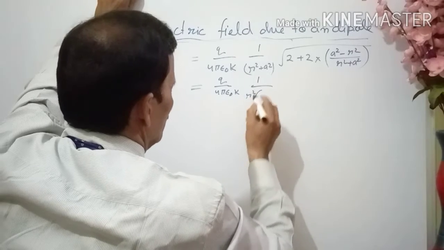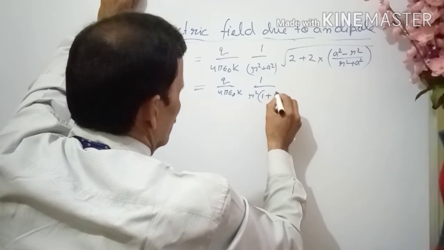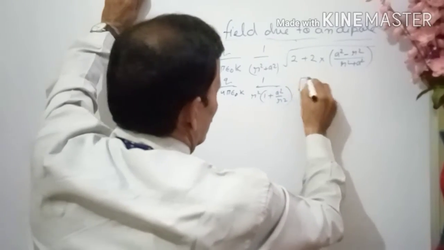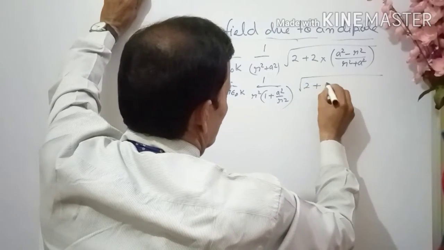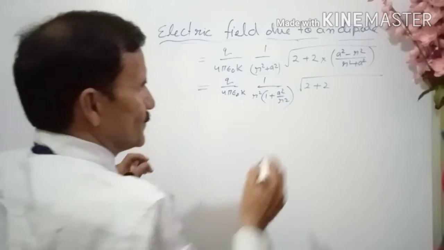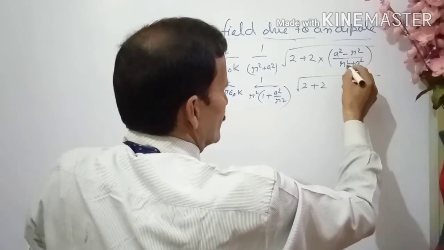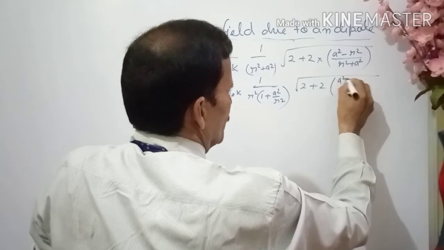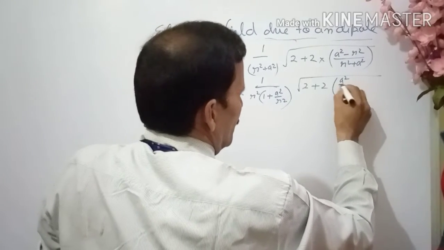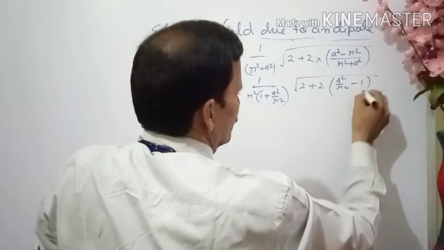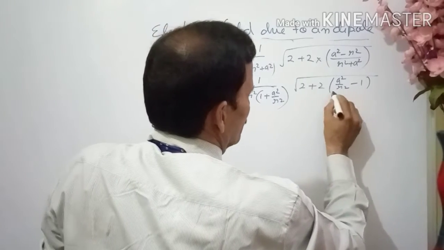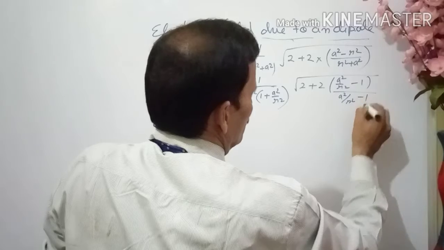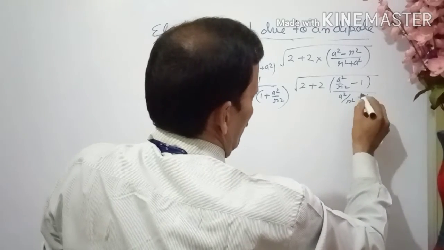So r square will be here: 1 plus a square upon r square, and this is equal to 2 plus 2 into a square upon r square minus 1, and this is nothing but equal to a square upon r square minus 1 plus 1.